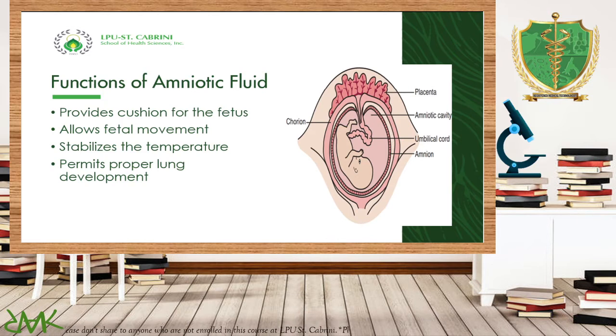The baby will be able to move, the baby will not bump inside the mother's womb, because amniotic fluid allows the movement of the neonate in the mother's womb, and it stabilizes the pressure as well as permits proper lung development of the baby.